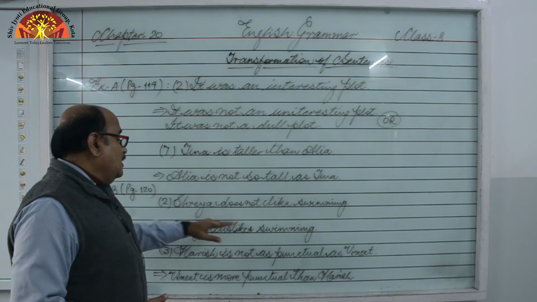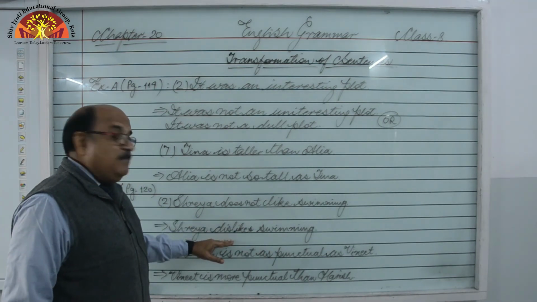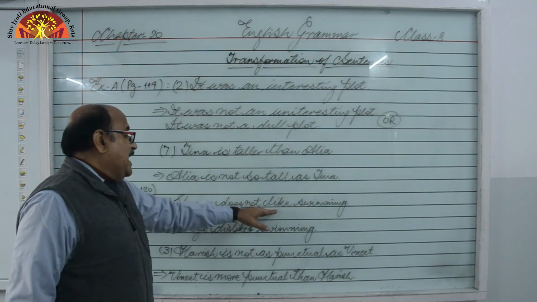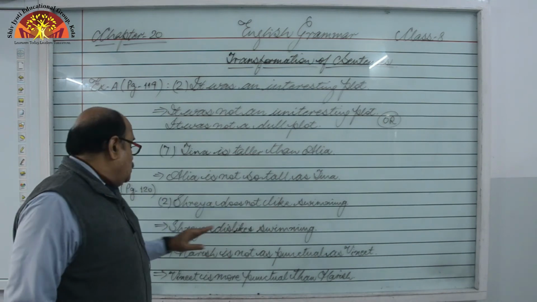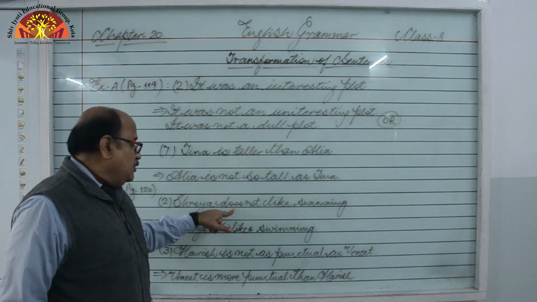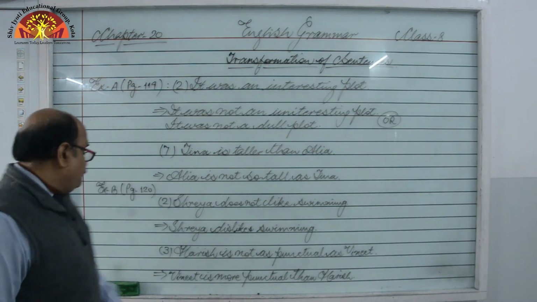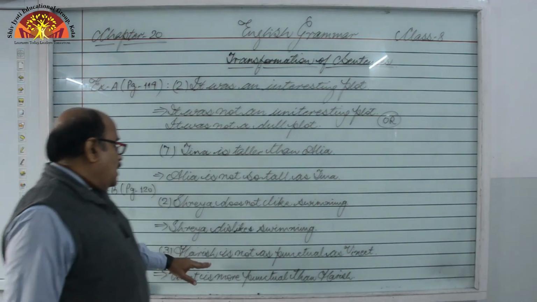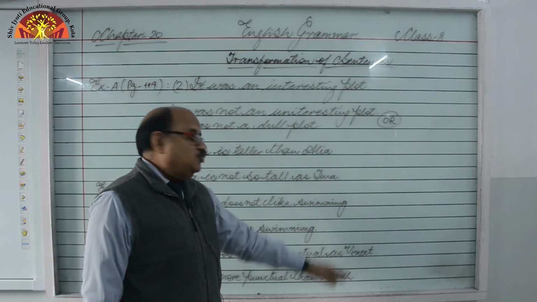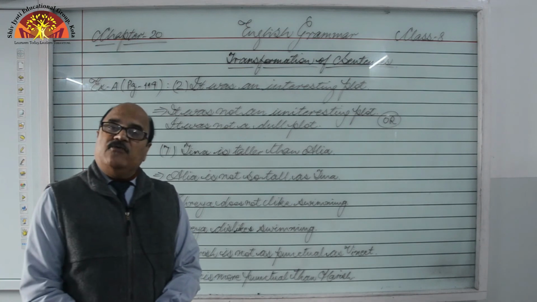So Shreya dislikes swimming. This has become affirmative, but meaning is same. Like opposite is dislike. So Shreya dislikes, because does is there, present indefinite affirmative, so we have added s.